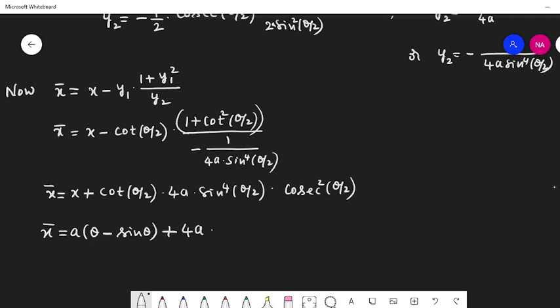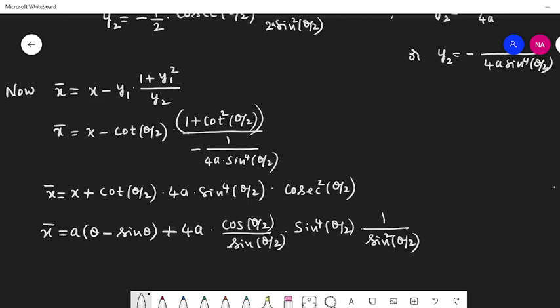Cot theta by 2 is nothing but cos of theta by 2 divided by sine of theta by 2, into sine power 4 of theta by 2, into cosecant square of theta by 2, that is 1 by sine square of theta by 2. So from this you get sine theta by 2, sine square of theta by 2, that is sine cube of theta by 2, that cancels with this.